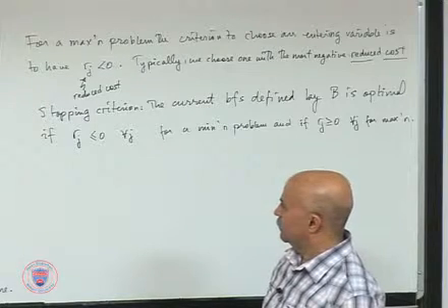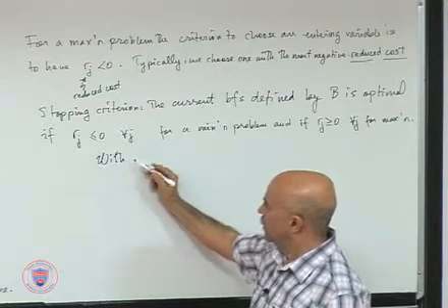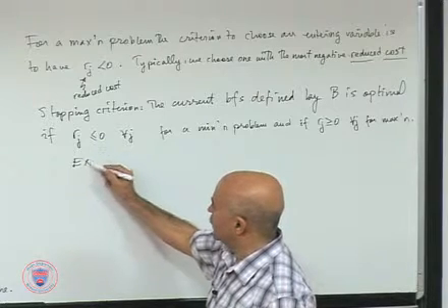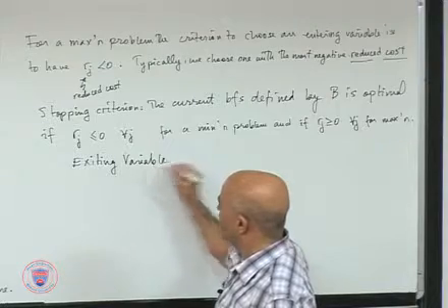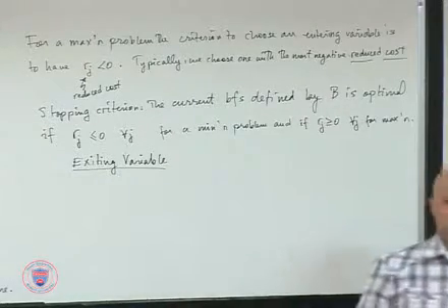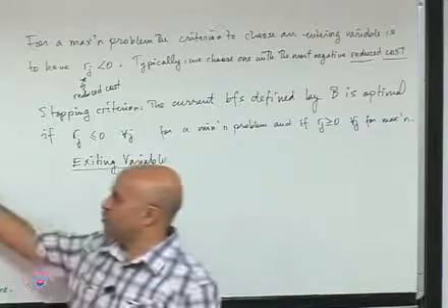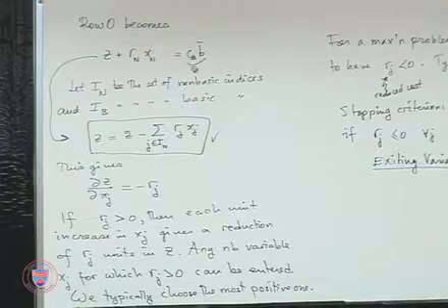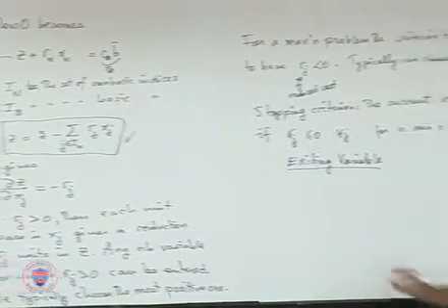All right. So let's decide on the exiting variable now. At least you know how to select your entering variable. For a minimization problem, you just choose one that has the proper sign for the reduced cost. So it's positive for a minimization problem.